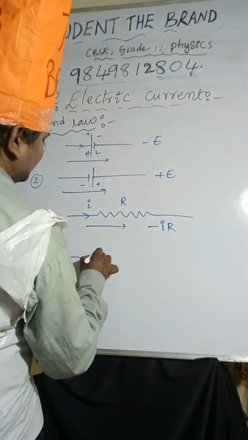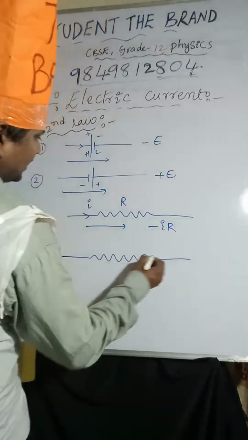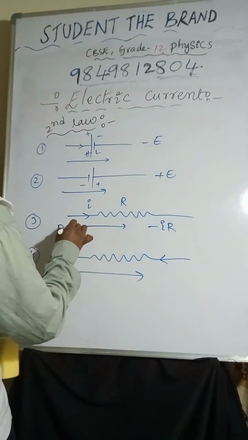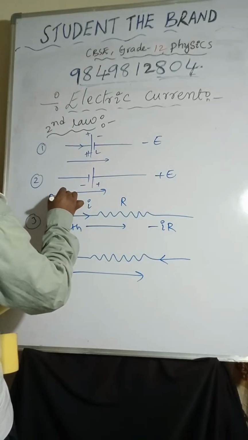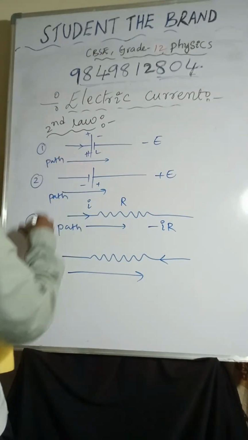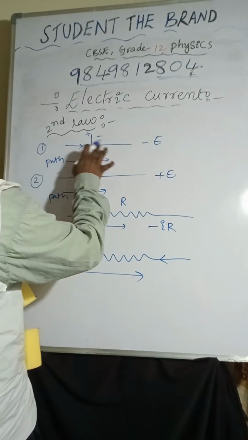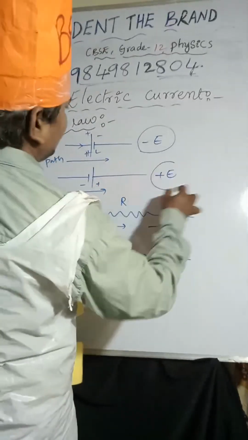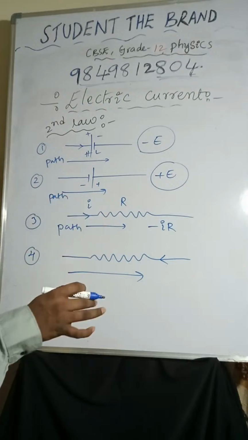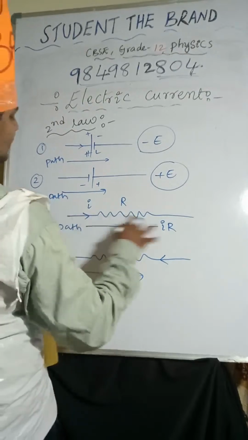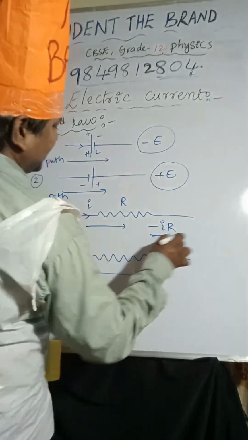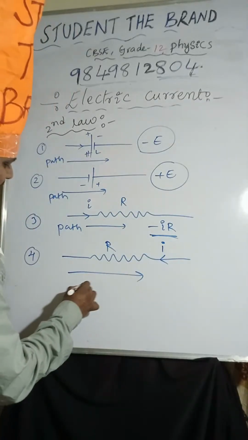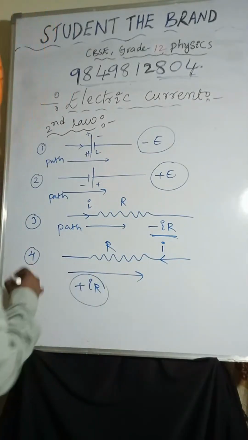When you are moving opposite to the current direction, along the path you are taking, positive terminal to negative terminal through the cell gives negative EMF, and negative terminal to positive terminal gives positive EMF. Moving through the resistor along the current direction, the IR term is negative. Opposite to the current direction, the IR term is positive because potential is increasing.